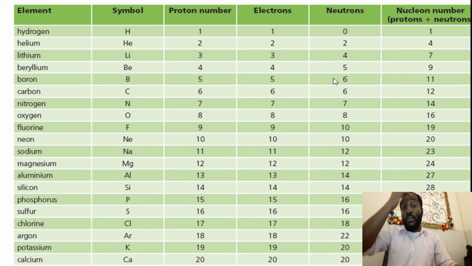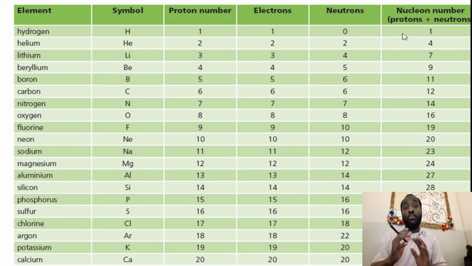So, from the proton and neutron numbers, you can as well determine their nucleon number, because questions may come in the form of a box where some proton numbers will be given and probably some neutron numbers will not be given. So you will use the little arithmetic we just did on our board on some IGCSE questions to be able to complete your table.